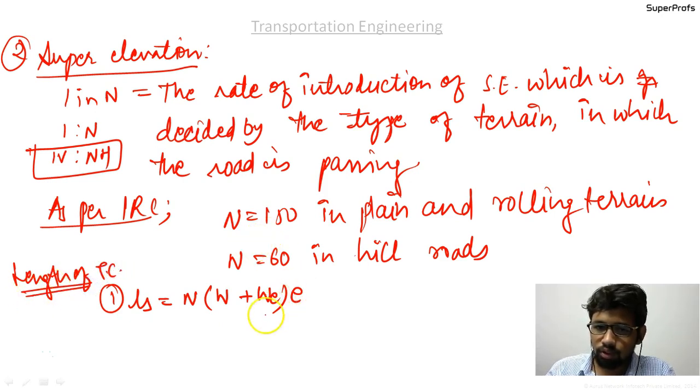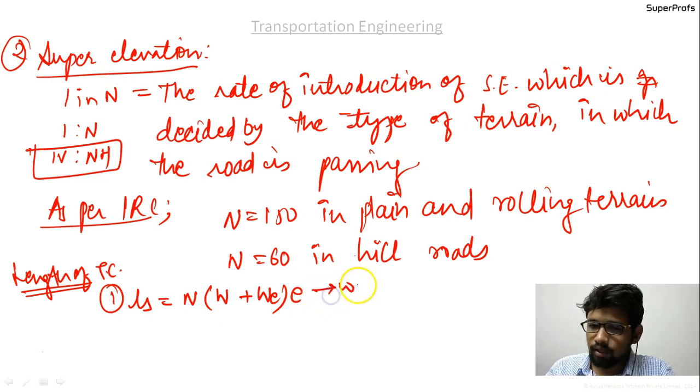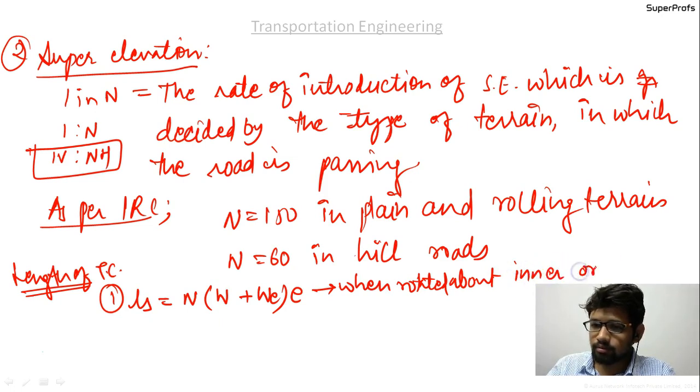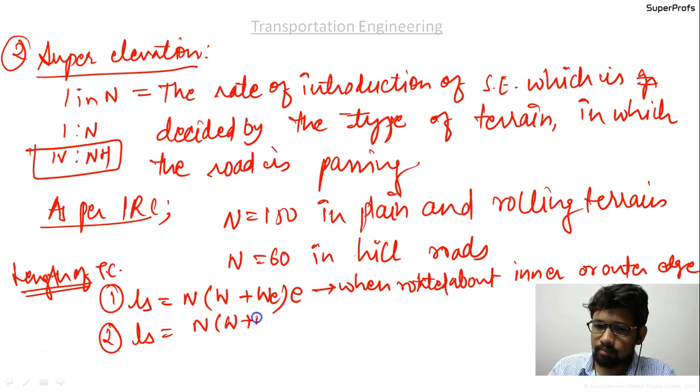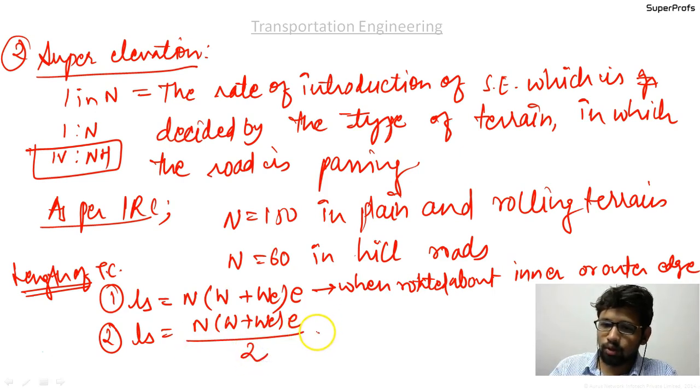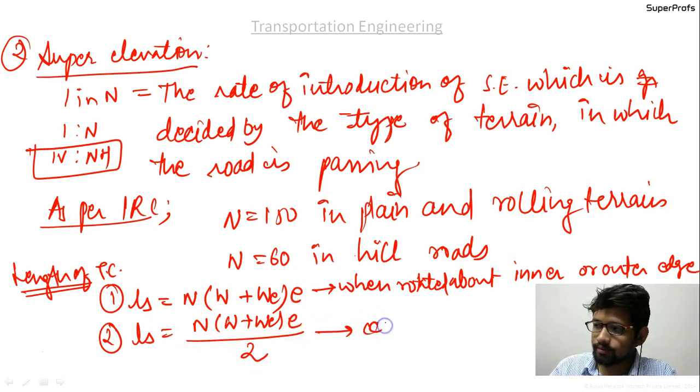Formula 1 is equal to N(W plus We) into E when rotated about inner or outer edge. Okay, and the second formula is Ls equal to N(W plus We) by 2 when rotated about the center line.